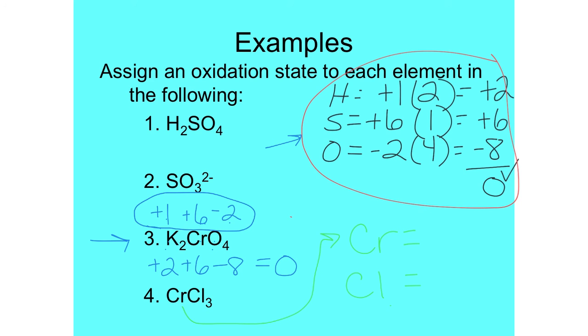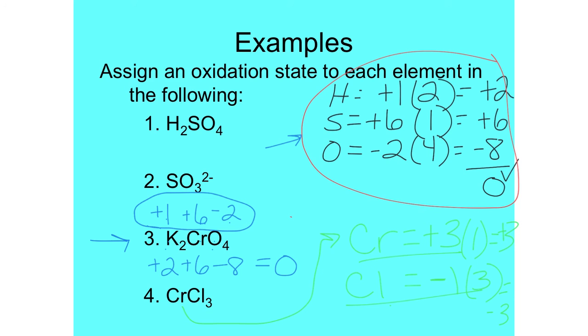So what we do there is we go to the rule that the halogens, group 17, is usually -1. So we can go Cl -1 times 3 would give me -3. So therefore Cr would have to be +3. And that is one of Cr's possibilities, so that's a great sign. So Cr is +3, Cl is -1.